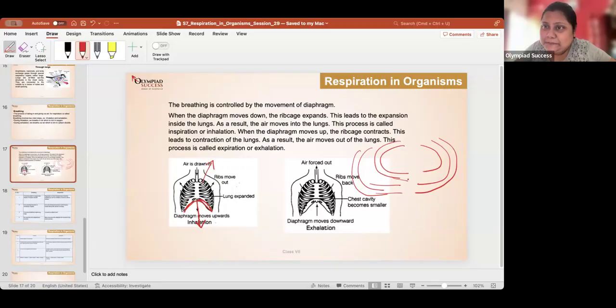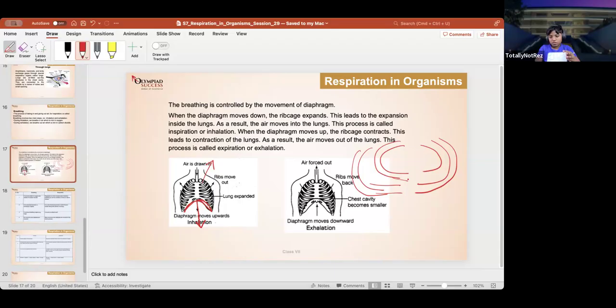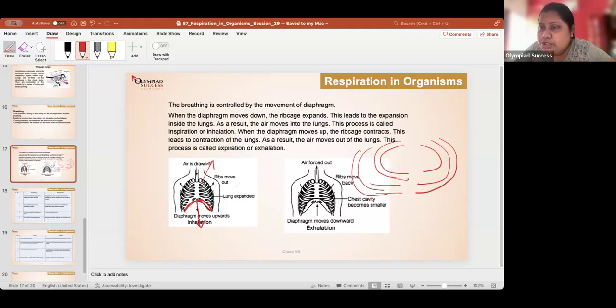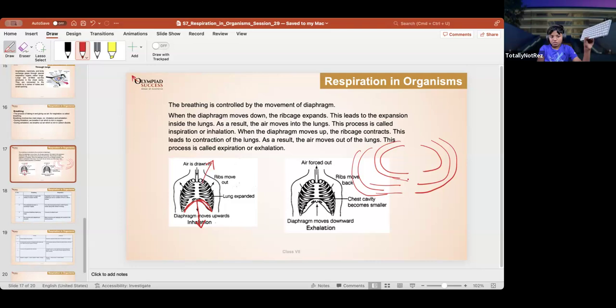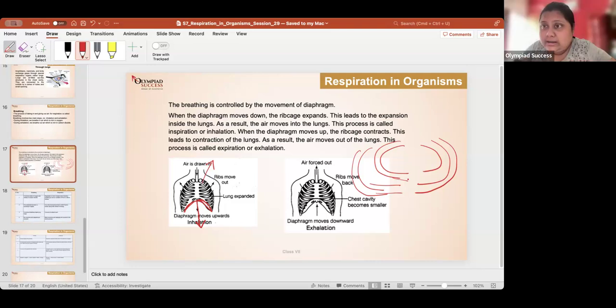So when the volume increases, what will happen to the pressure? Think about it. When there's more volume, there'll be less pressure. Very good. So inside the pulmonary, the thoracic pressure will be less. Your chest part is your thorax, okay? So the thoracic pressure will be less?